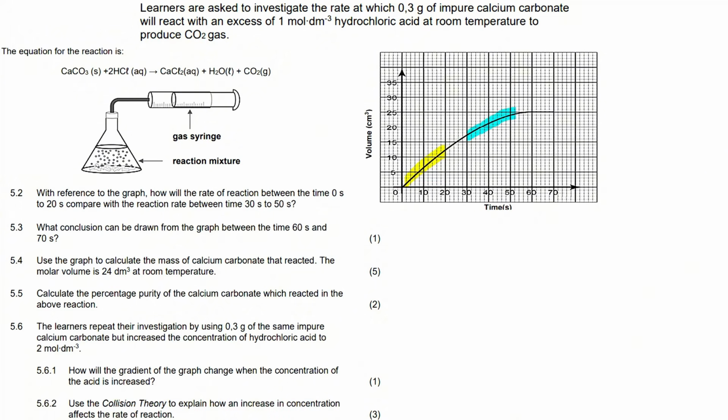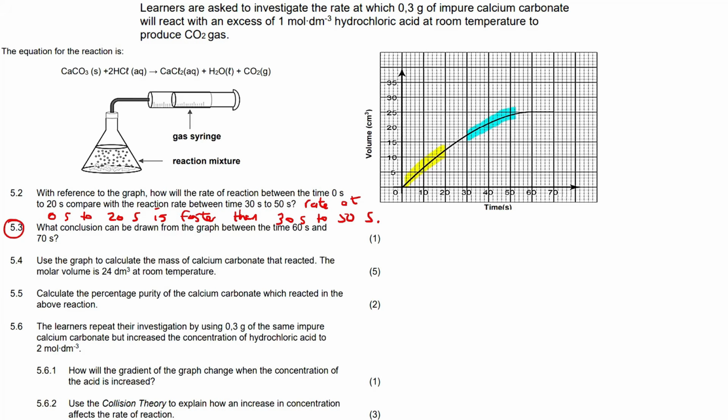And that's normal. As a reaction proceeds, the rate of the reaction decreases. So with reference to the graph, how will the rate of the reaction compare? We can just say that the rate at 0 to 20 seconds is greater than 30 to 50 seconds.